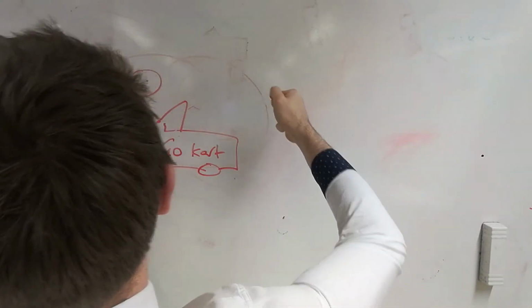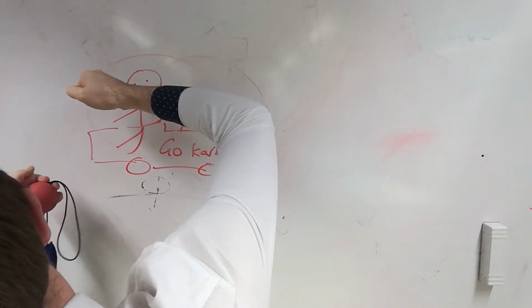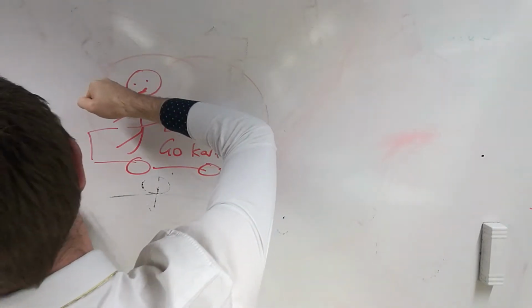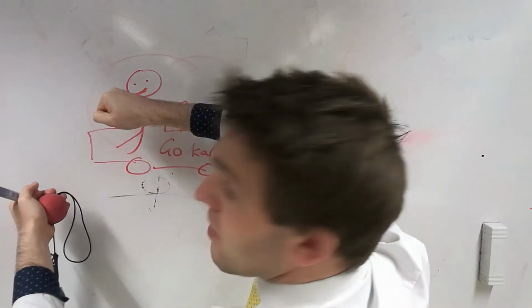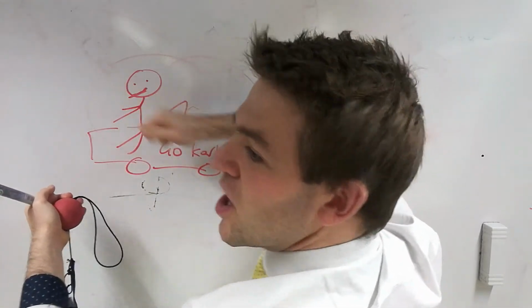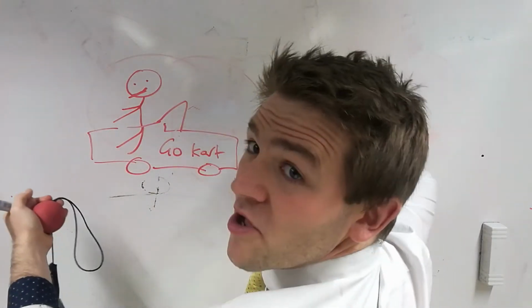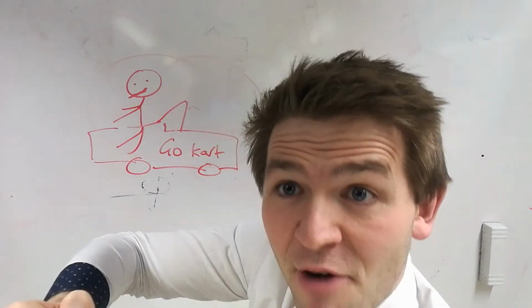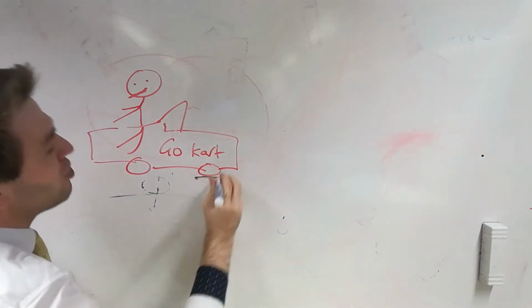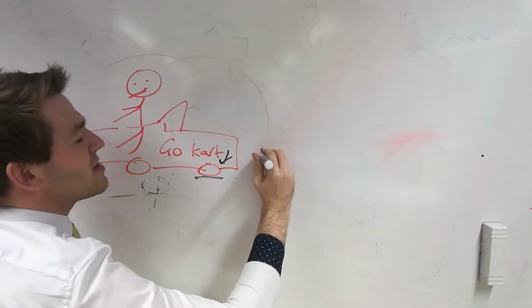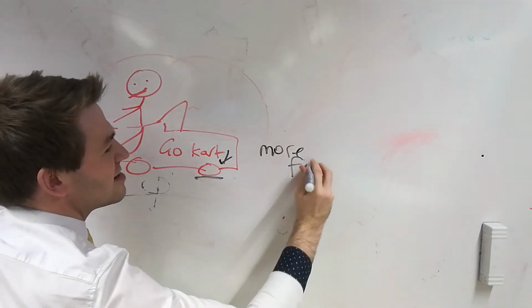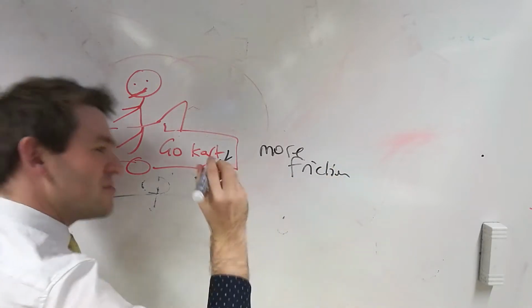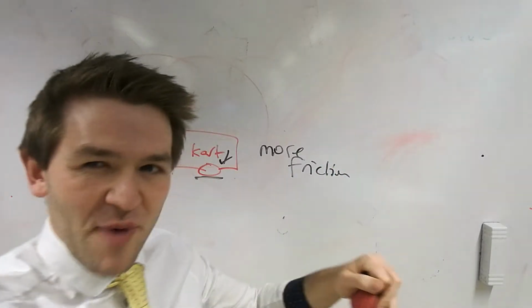If you're driving the car and you turn to the left, you should try and put your weight as far on the opposite side. Because you want to push down the wheels on the other side, so that by pushing down more, you get more friction because you're pushing that extra bit of your body weight onto it.